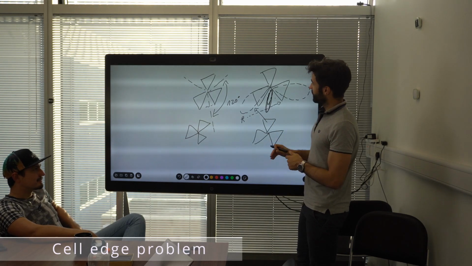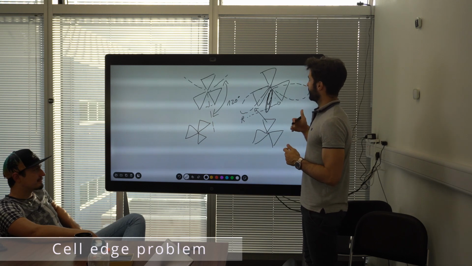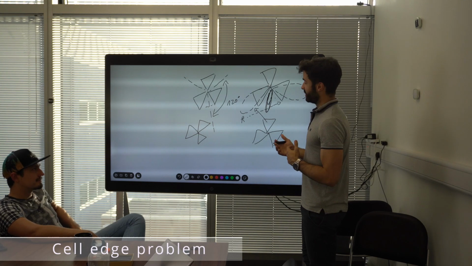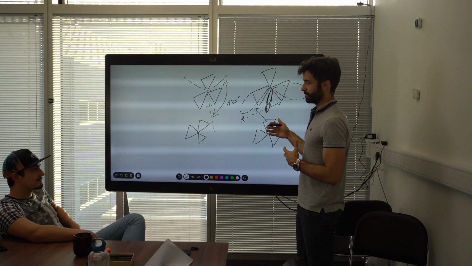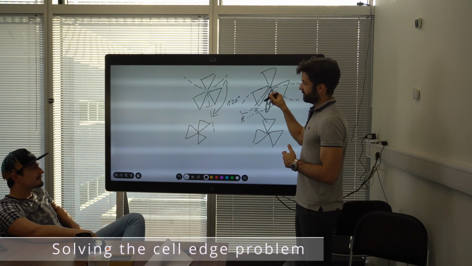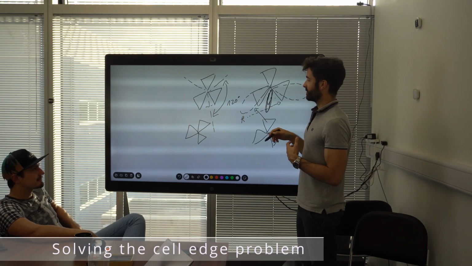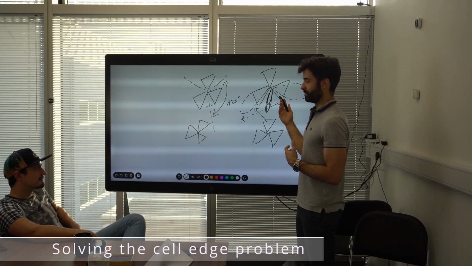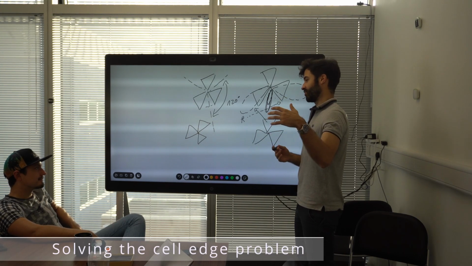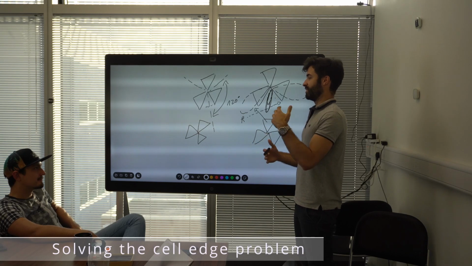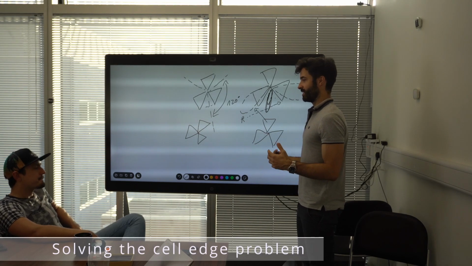So basically the idea that I have been studying during my PhD is to try to solve this cell edge problem, because it is anticipated that the cell edge problem is going to be even worse when we go to 5G, where we want this massive densification of base stations.